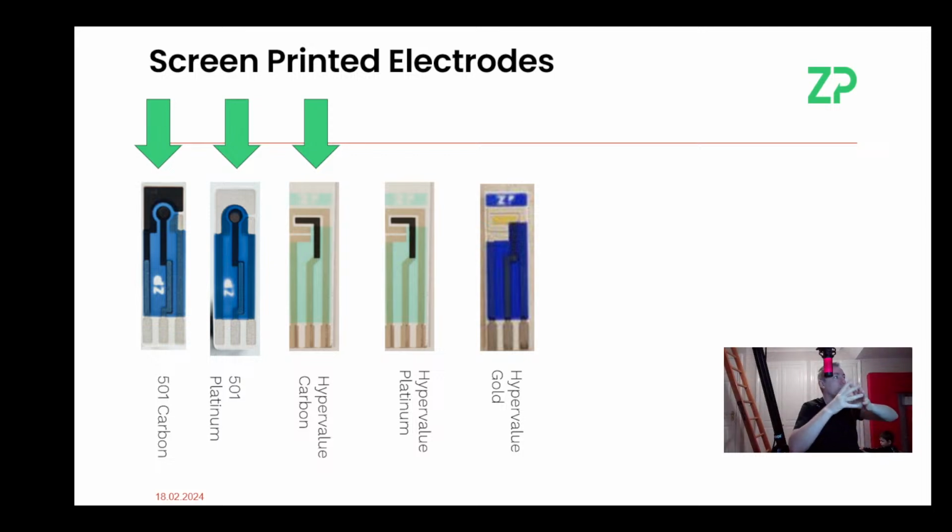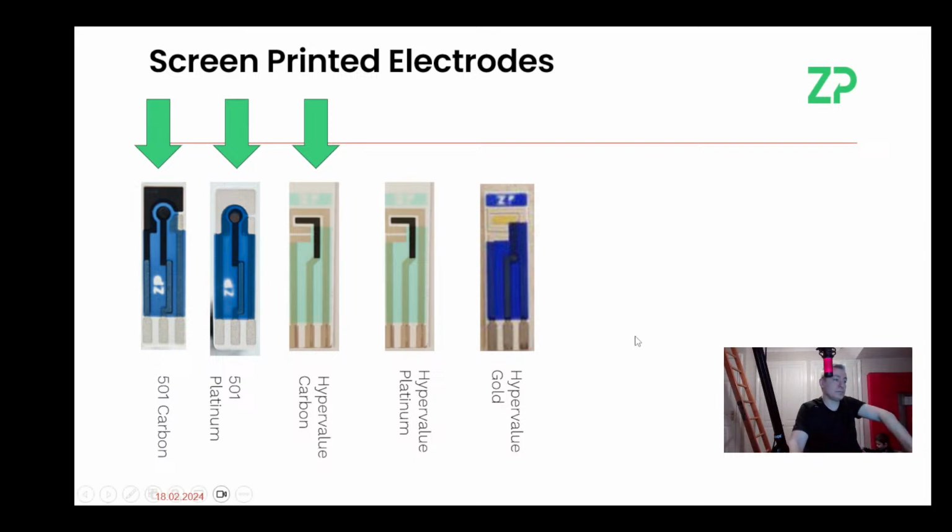We actually formulate them together. But by the time you've got the gold or the platinum in there, it's so expensive. It's absolutely terrible. So at ZP, sure, we use platinum, gold, and carbon. But whenever we've got the choice, we always go for carbon.